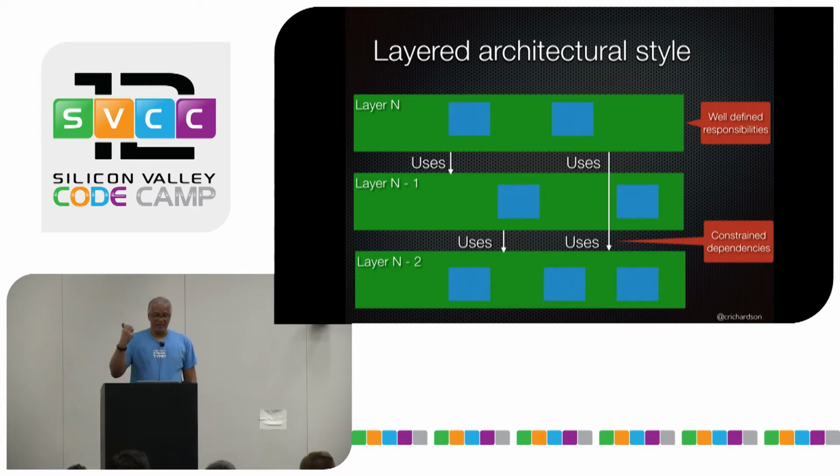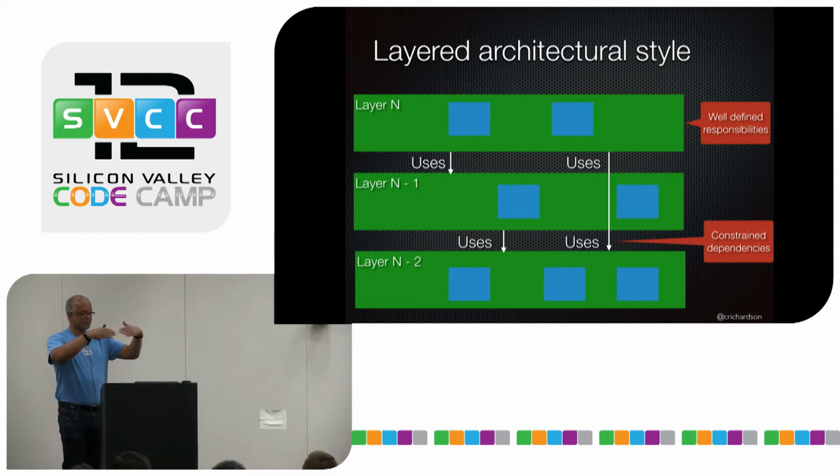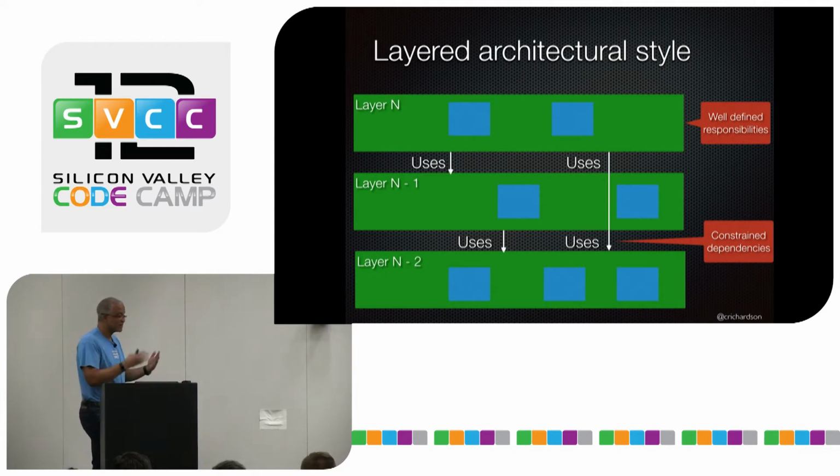And then there's a really important constraint in terms of the dependencies. So if you've got strict layering, a layer can only depend on the layer immediately below it, or if you've got relaxed layering, it can depend on any of the layers below it. That's a great example of an architectural style.